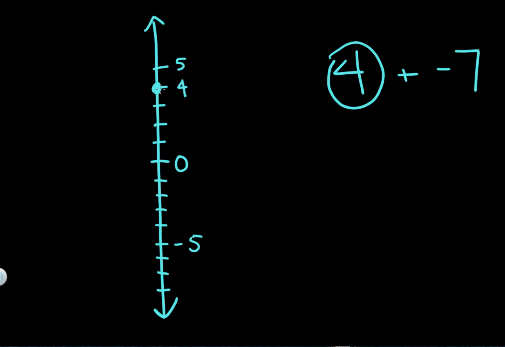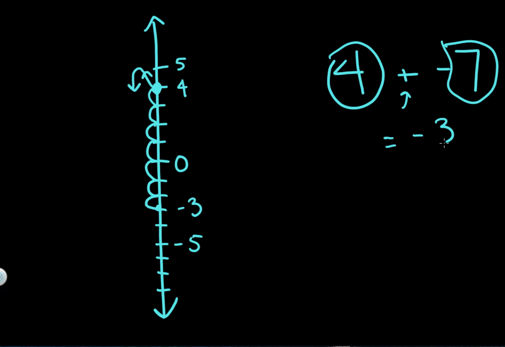I make my dot on the 4. I've got a plus here. That means I would normally start going up. I hit the negative, which means I'm going to do my U-turn, turning it around here and counting 7. So I go down 1, 2, 3, 4, 5, 6, and 7. I see that I'm landing here, -1, -2, and -3. So my answer will be -3.